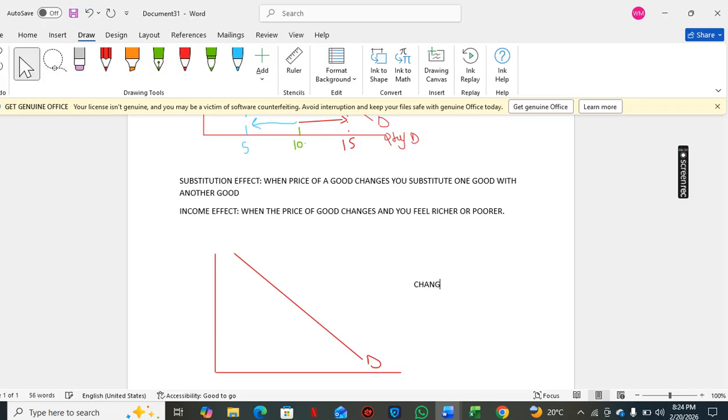Change in demand. Okay, so as we can see here, change in demand is illustrated by shifts. Okay, like this.